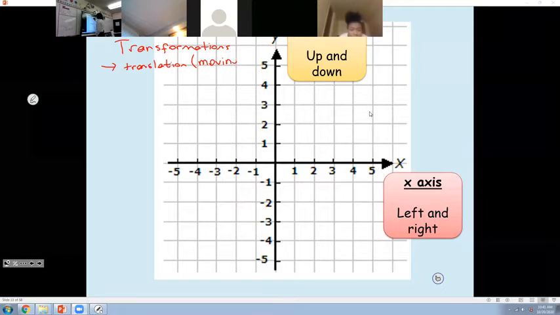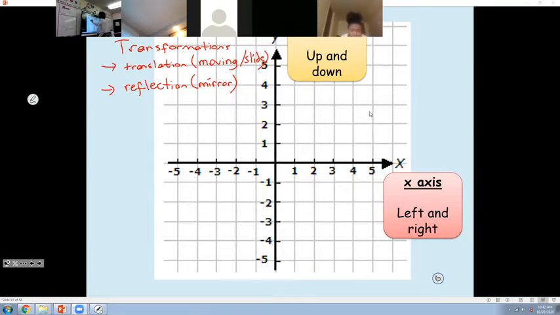We will move the shape today. Moving, or you can say slide. All right. So the next one is reflection. Reflection is mirror. The first thing that should come into your mind is mirror. It is the opposite shape, right? The image will be in the opposite direction.